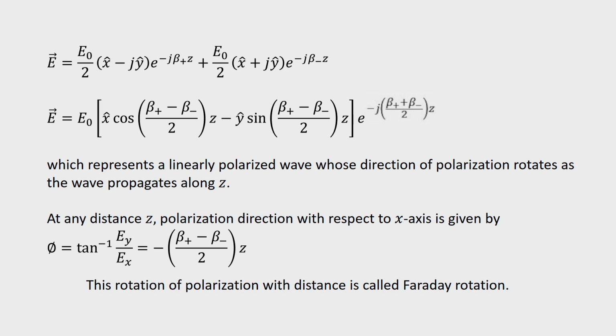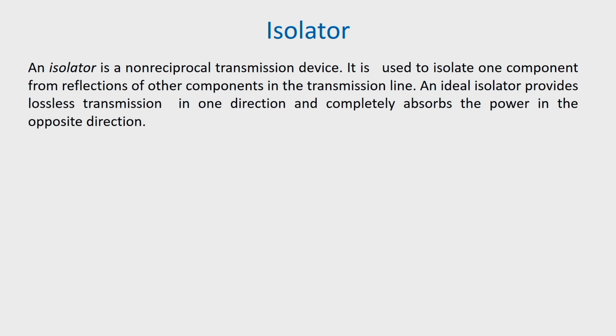Now, this Faraday rotation is an important property of ferrite biased by a magnetic field, and we will see how this property is utilized in designing microwave devices such as isolator and circulator. An isolator is a non-reciprocal transmission device.